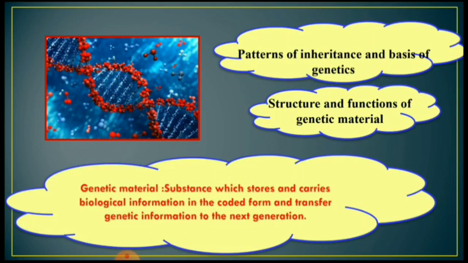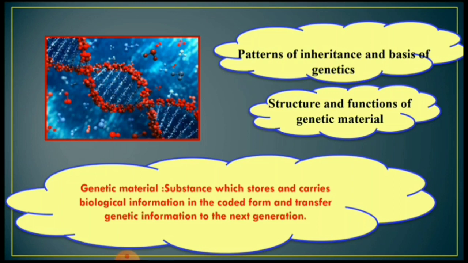The substances or molecules which store and carry the biological information in coded form and transfer the genetic information from one generation to another generation. And remember one thing, these molecules are expressed in the form of proteins.